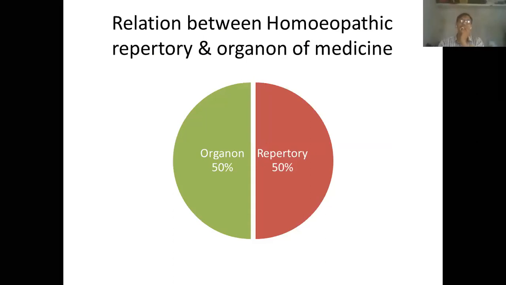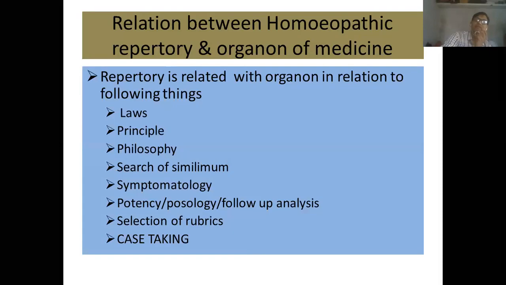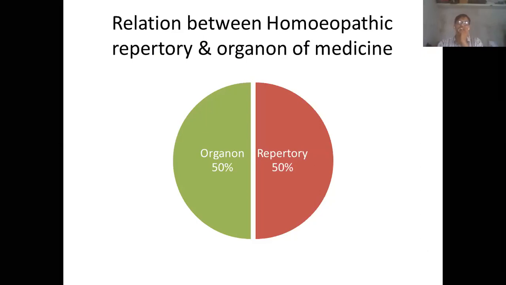If you study the syllabus distribution of homeopathic repertory, 50% is Organon and 50% is repertory. Only 50% of it is repertory. And the rest is all philosophy, all Organon of Medicine, and because of repertory, this philosophy, this Organon is becoming operational.